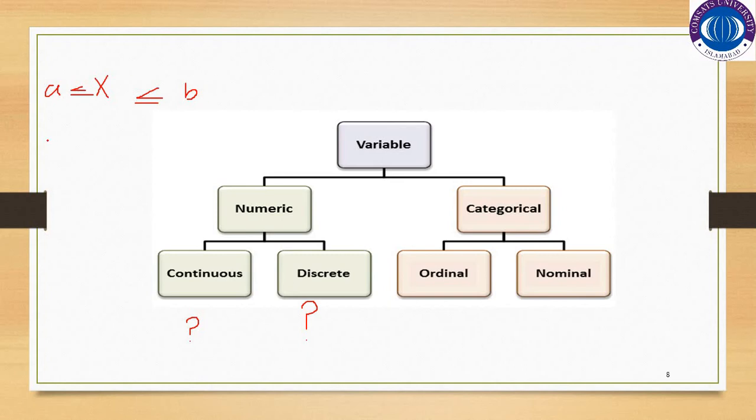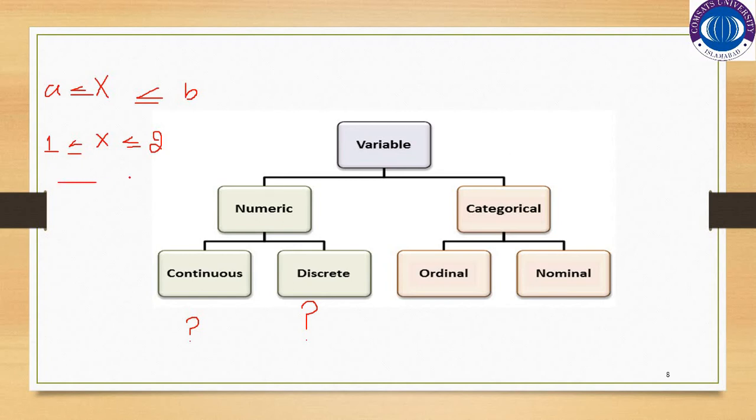Let's suppose that this a is 1 and this b is 2. So this is the range and x is your variable, and it is a continuous variable and it is numerical as well. So it will take each and every value between 1 and 2. It could be 1, 1.001, 1.01, 1.1, 1.2.